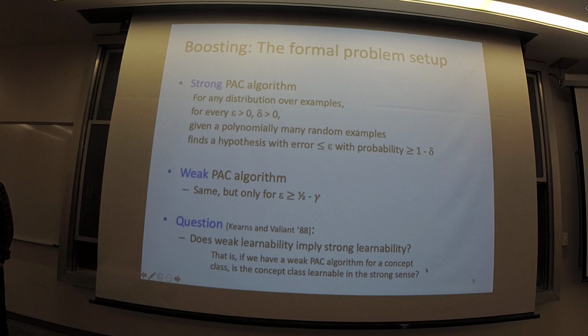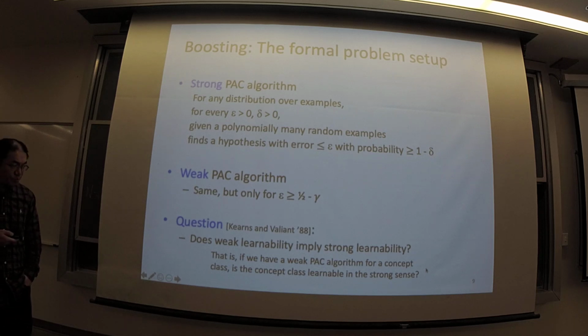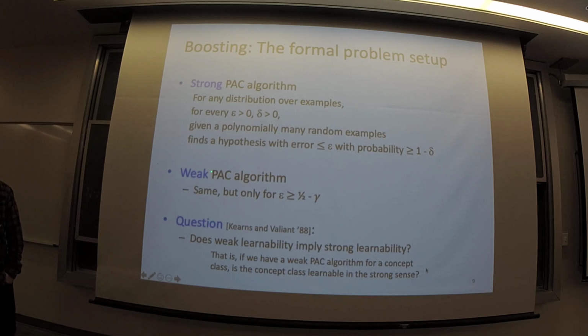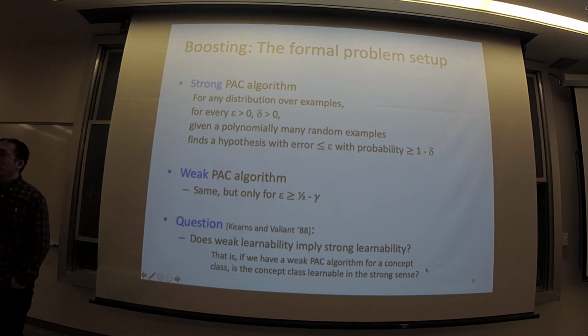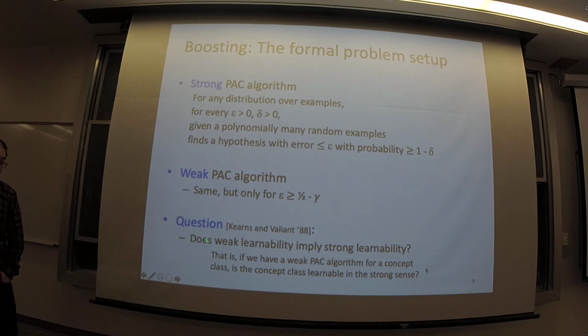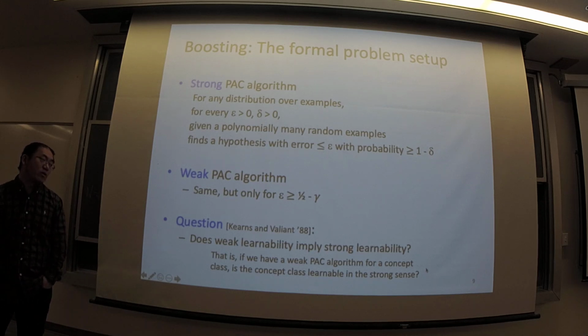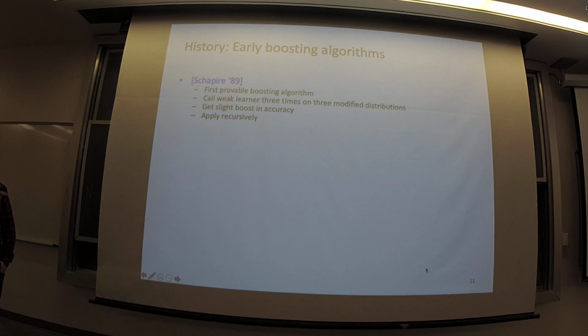Then the question is, can we use a weak PAC algorithm to derive a strong PAC algorithm? More formally, does weak learnability imply strong learnability? And the answer is yes. That's very interesting, but here I just give you a historical outline.